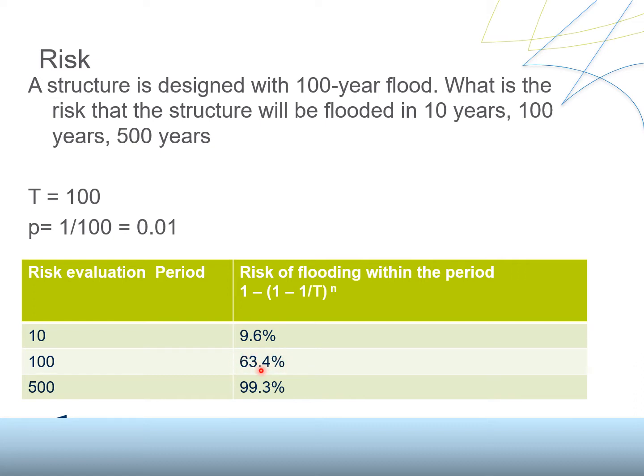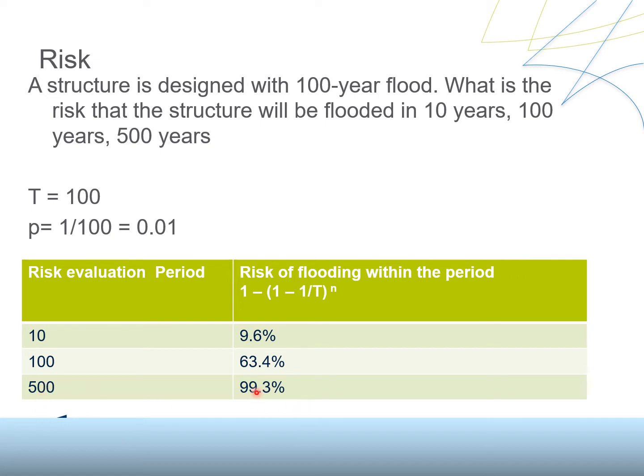Okay, so the risk of that structure being flooded within the next 100 years, even though you design with the 100-year flood, is 63.4%, and 500 years is 99.3%, right? So there will be no 100%. Whatever the value you take, you can never reach the 100%.